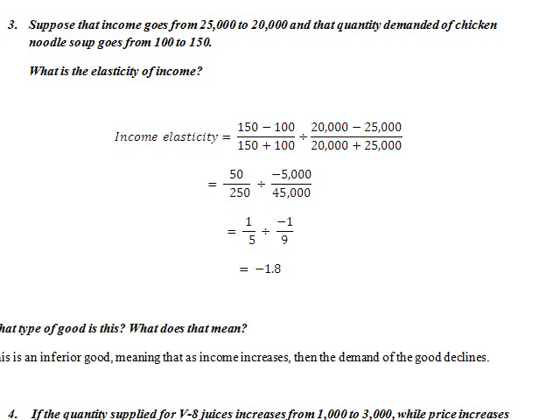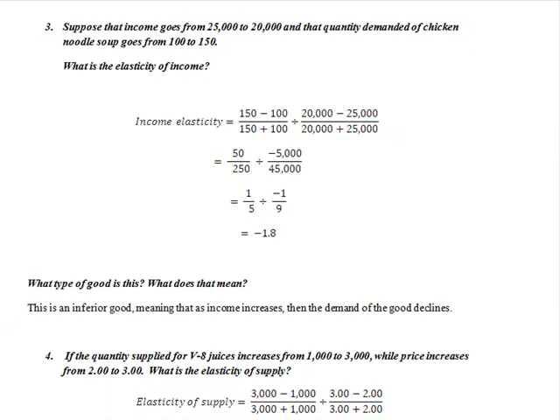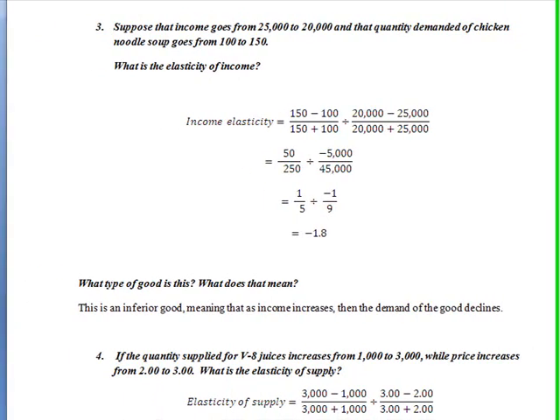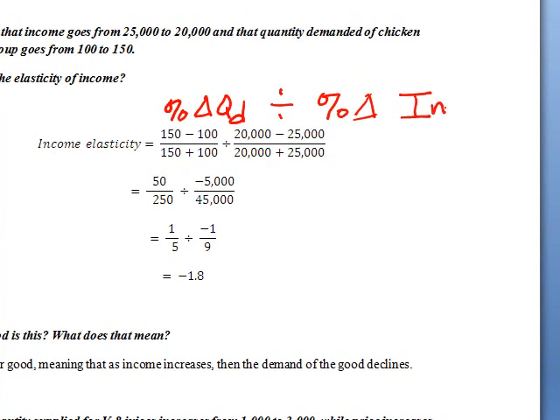But as a result of that, what I saw was that chicken noodle soup has increased. So again, what I'm comparing is the percent change in quantity demanded. But now what I'm looking at is the percent change in income. So again, it's still a price level, but this time I'm wanting to know how income affects what I consume.